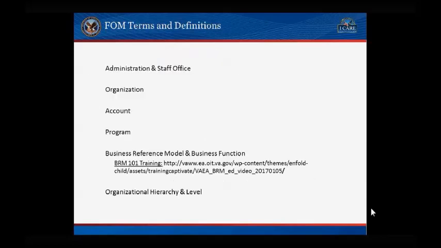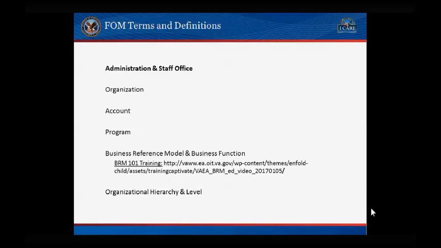It is important to spend a few minutes discussing some of the FOM and FOM application standard terms and definitions. An administration is a term used to identify one of the three major VA operational elements, which include the Veterans Health Administration, or VHA, the Veterans Benefit Administration, or VBA, and the National Cemetery Administration, or NCA.